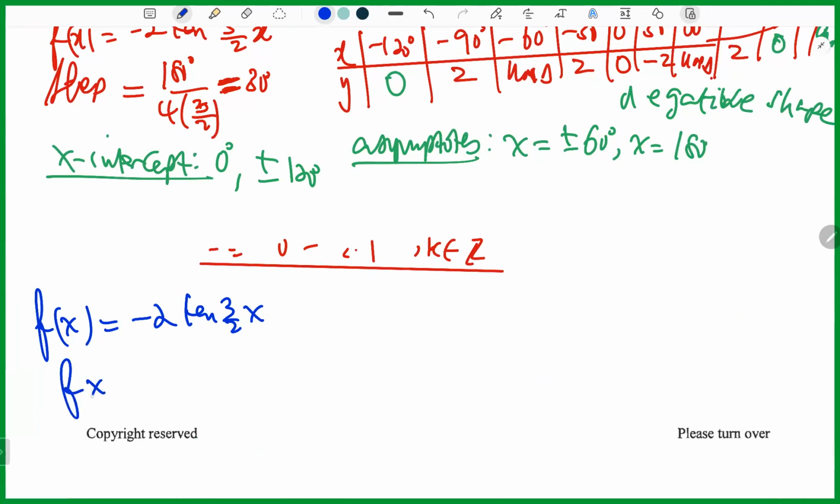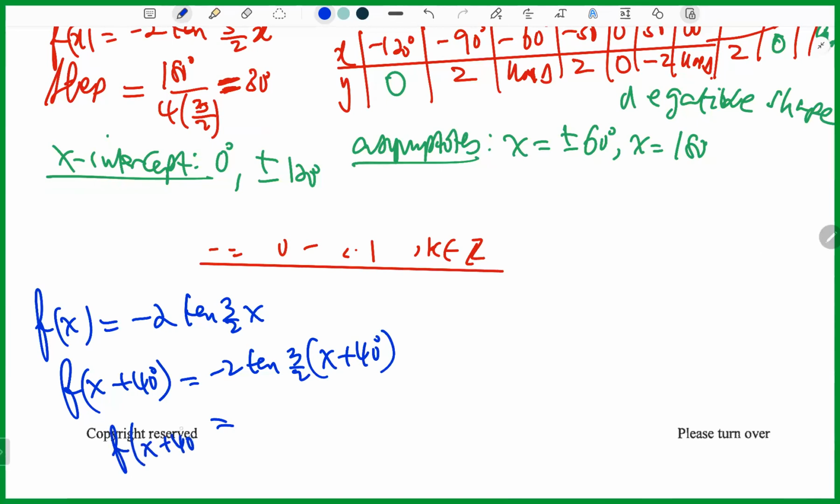But you have f of x plus 40, which is minus 2, the tan of 3 over 2 into x plus 40. So that's sort of what happened. So you have the x plus 40, because that's what you're going to get. If you multiply it through, it's going to become 3 over 2x, and then you divide 40 by 2, it becomes 20, by 3, it becomes plus 60.